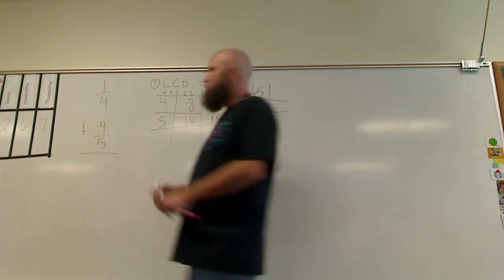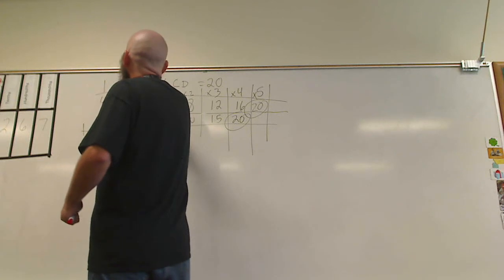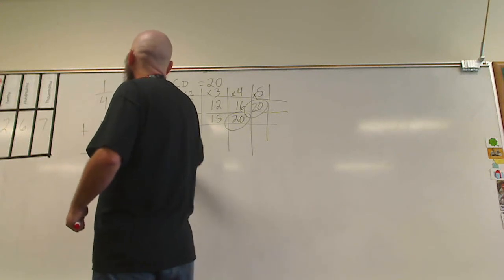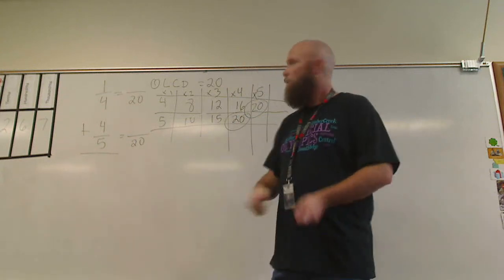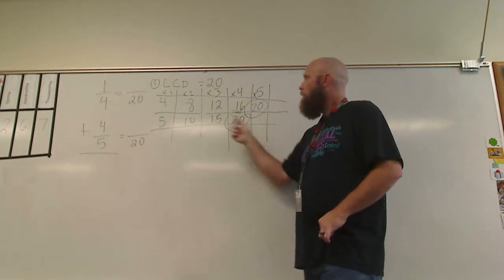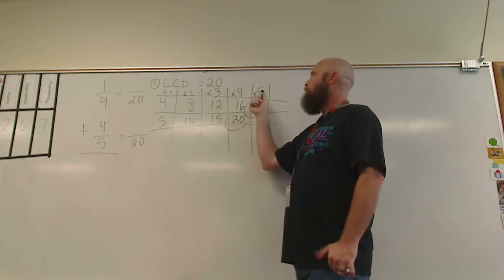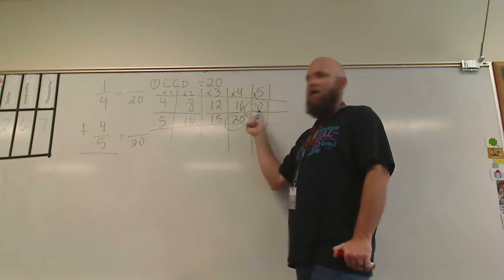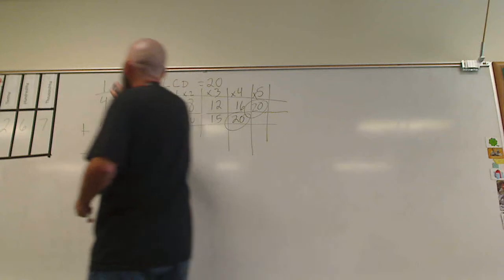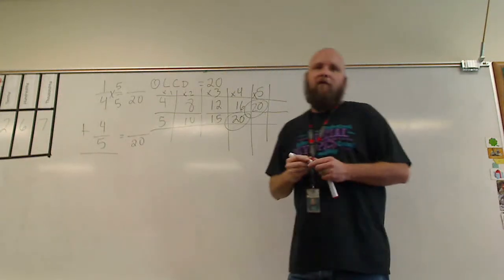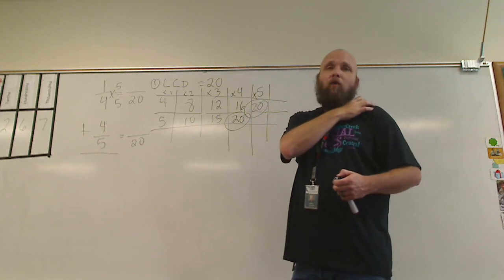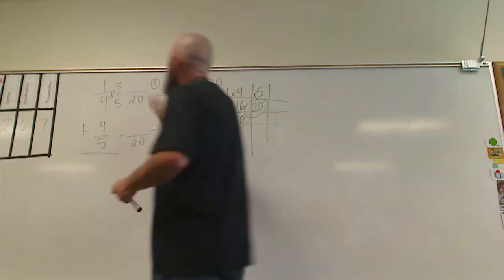So now we change these so they both have a denominator of 20. We can go back and look here. What did I multiply 4 by to get 20? I multiplied it by 5. So I have to multiply my numerator and my denominator by 5. 1 times 5 is 5.